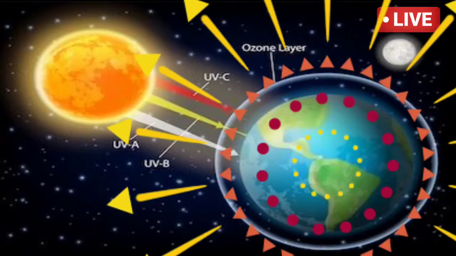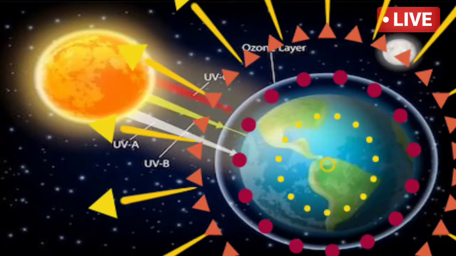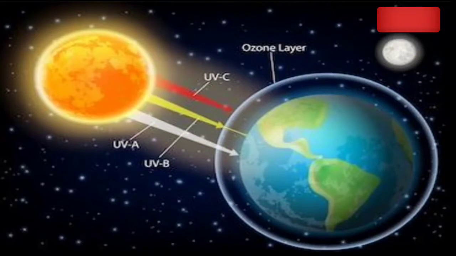My dear children, solar radiation is a very important concept. Here insolation is very important. Solar radiation means the sun is releasing the energy, so insolation means the earth is receiving it. The solar radiation released by the sun and received on the surface of the earth is called insolation. Understood?